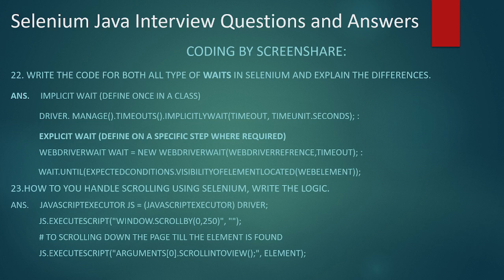Then there are various methods, guys, for example wait.until the page is visible, or a particular element is visible, or the page is loaded. There are lots of methods for the wait.